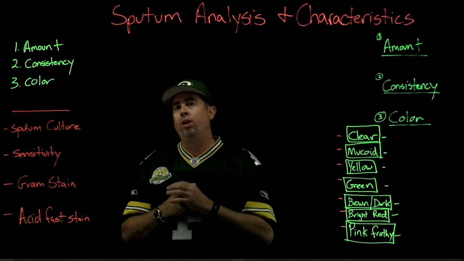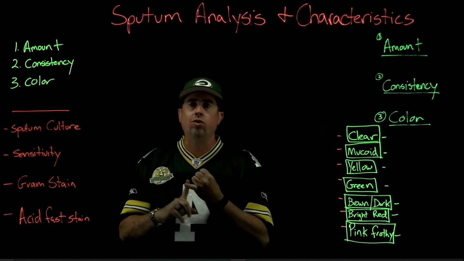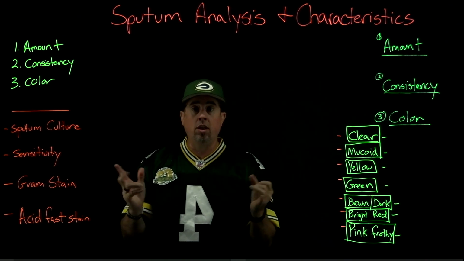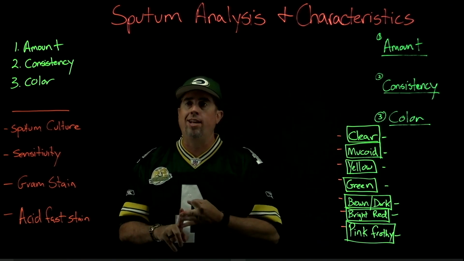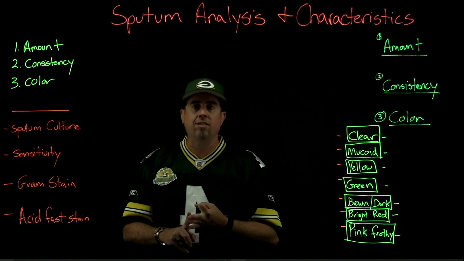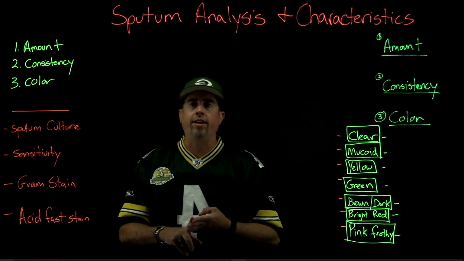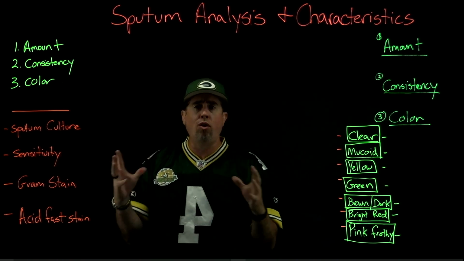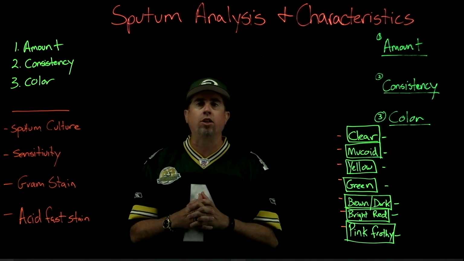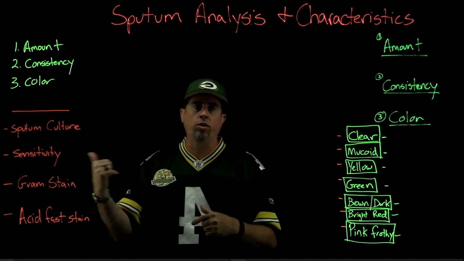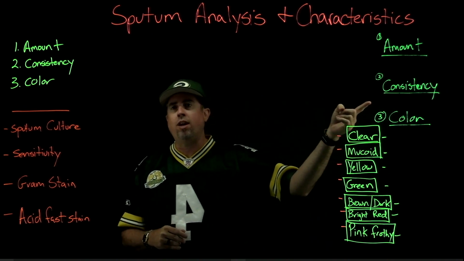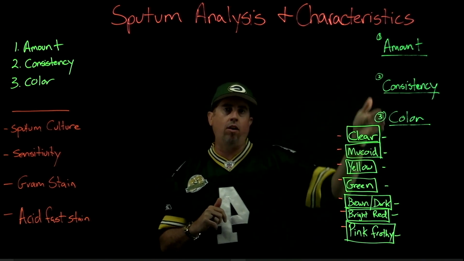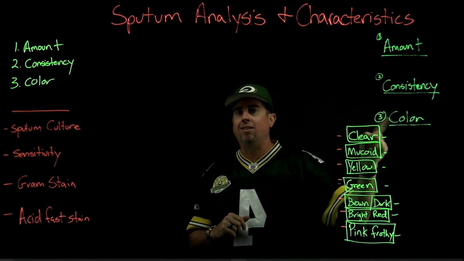Whenever we get our sputum, we need to first identify the amount of sputum we got back. We also want to go over the consistency, and then we also want to identify the color. Those three things are all huge pieces of information. We don't want to leave out any of them. I transfer those same three things right over here: amount, consistency, and color.